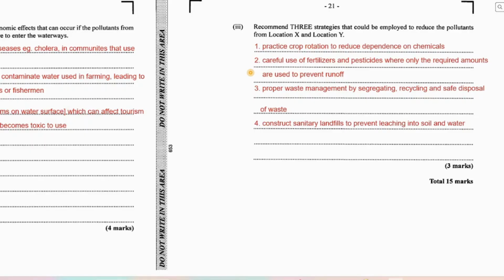There wouldn't be too much remaining in the soil after, thus preventing a large portion from running off or any runoff at all. 3, proper waste management by segregating, recycling, and safe disposal of waste. This one speaks for itself, and this would pertain to the land used for area Y. And then we have the extra one, which is number 4. You can construct sanitary landfills to prevent leaching into soil as well as water.